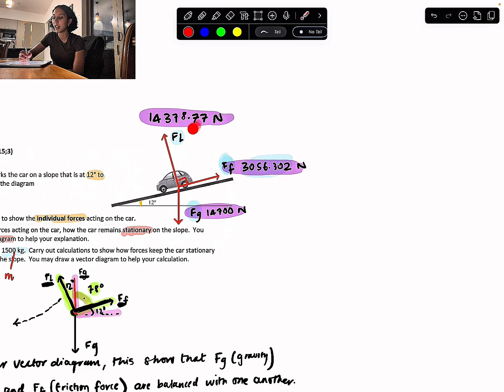Similarly, if we look at team lift over here, to stop team lift from pulling the rope all the way to their side, team friction and team gravity kind of work together to counteract team lift's force.